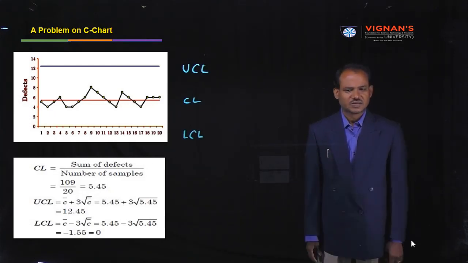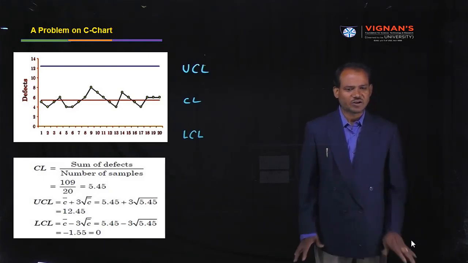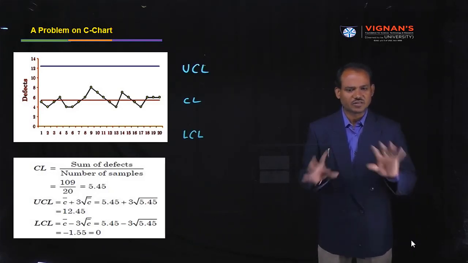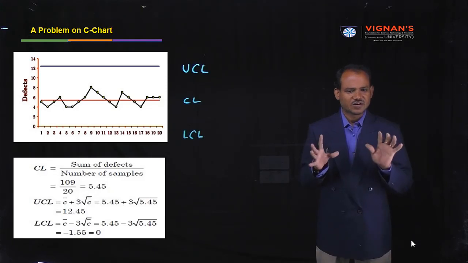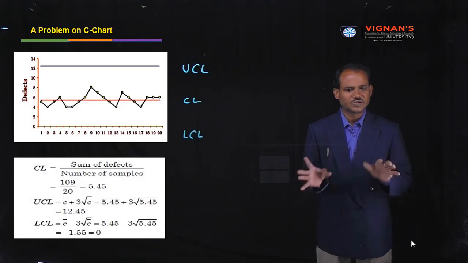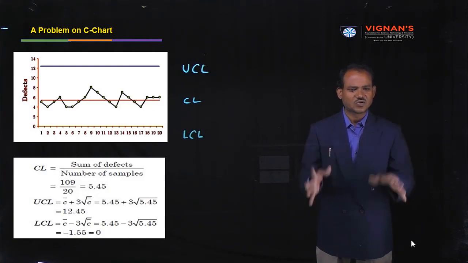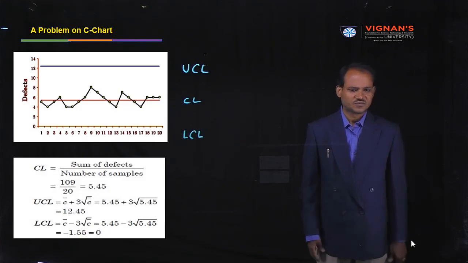Now observe, here the process is under control because for all the samples defects are within the control limits. Within the control limits means below UCL and above LCL. Therefore, the process is under control. This is the conclusion for this C chart. Okay.